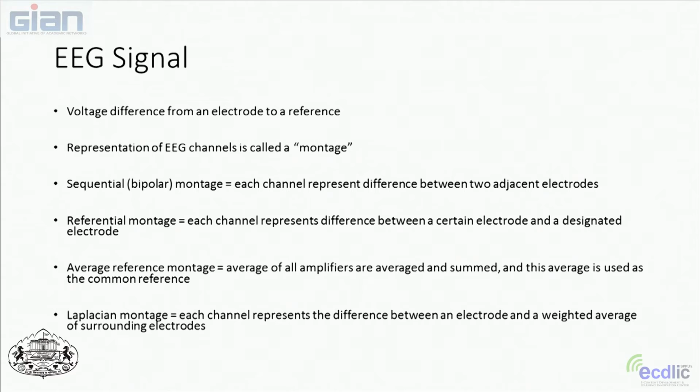And there's another one that I found called Laplacian montage, where each channel represents the difference between an electrode and a weighted average of the surrounding electrodes. So I would say that the first two are the two most common montages used. One having each channel have a reference electrode, or there is a single electrode placed on the scalp that's a reference to all the other electrodes.